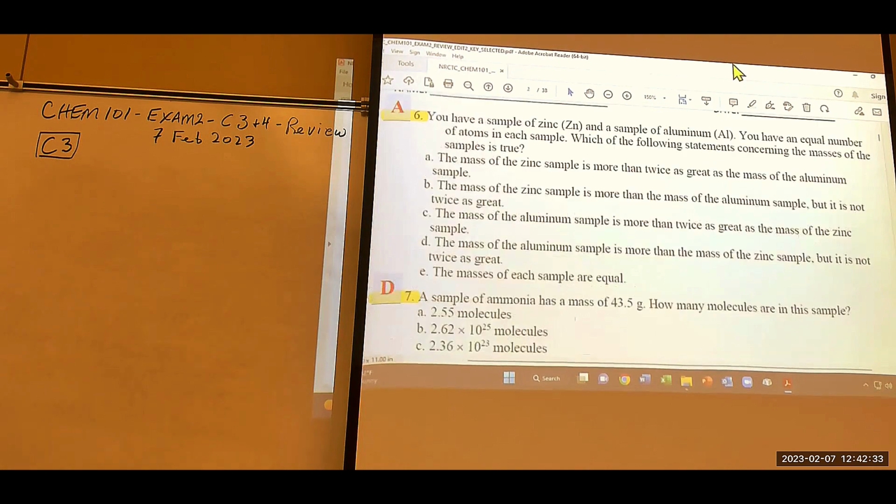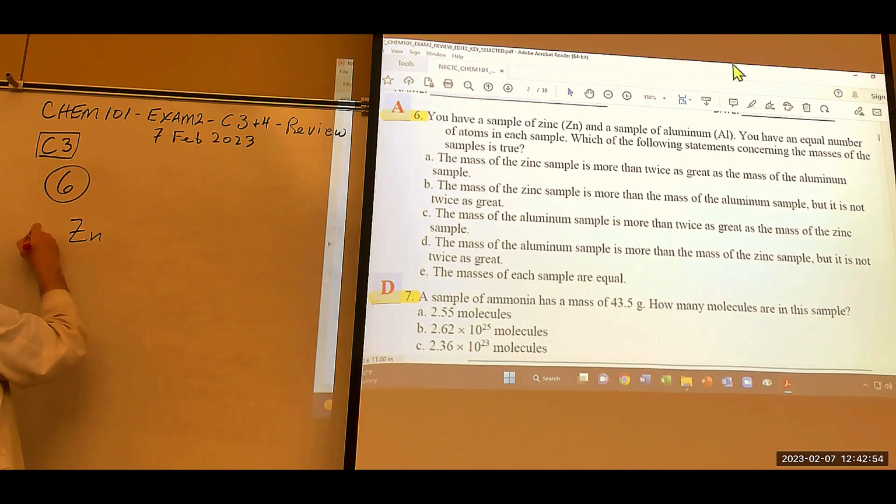All right, let's see. Do I want to stop on this one? Yeah, okay. This uses a little logic. If we have a sample of zinc and a sample of aluminum, and you have an equal number of atoms, right?